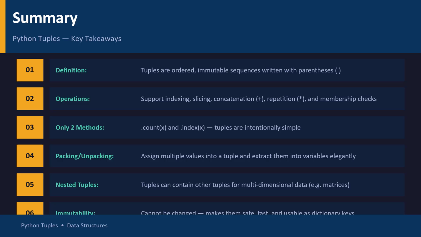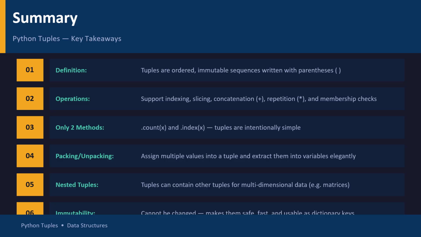For a quick summary, we can recall the definition of a tuple, that is, it is an ordered, immutable sequence written within parentheses. What are the operations which we have seen? That is indexing, slicing, concatenation, repetition, membership check. Two important methods which we saw were count and index, which are very simple.